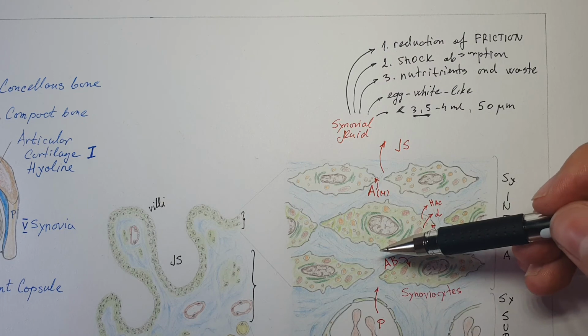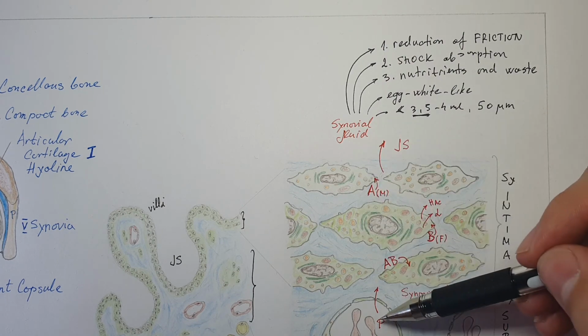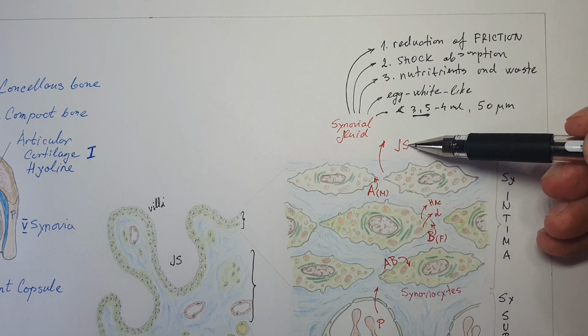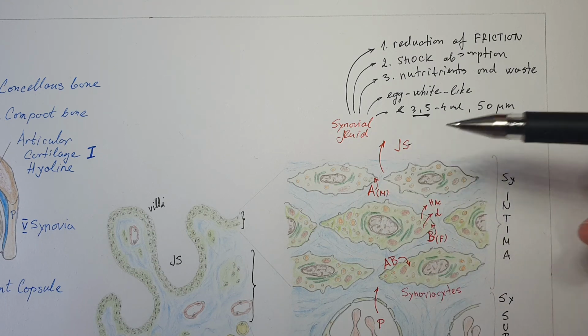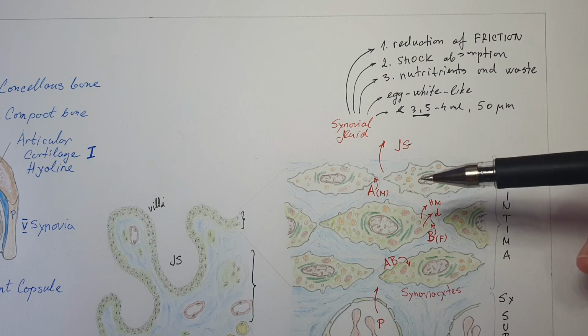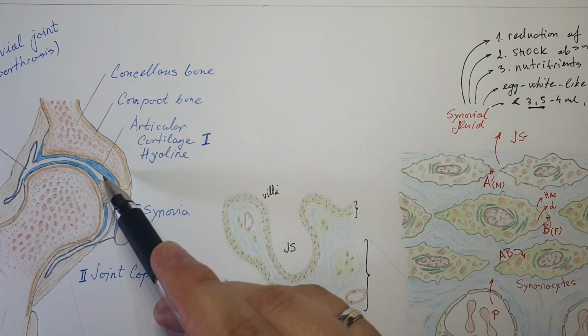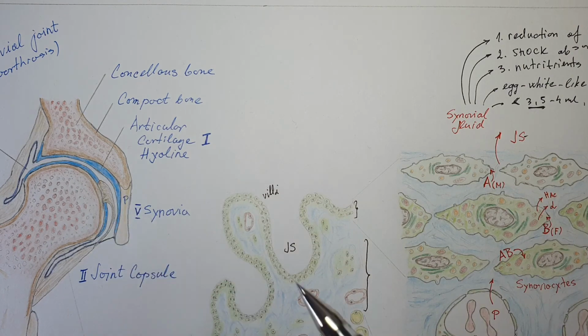Nutrients are being transported into the joint space, as it is a filtrate of plasma, and that is the only reason why our articular cartilage is surviving, because it has no blood vessels. The nutrients are coming from the synovial fluid.